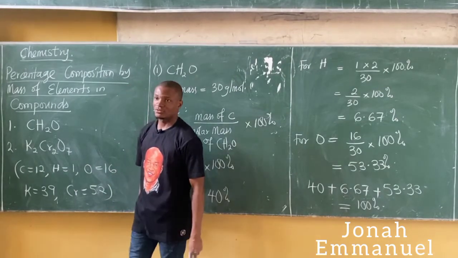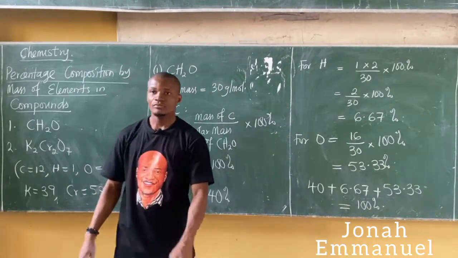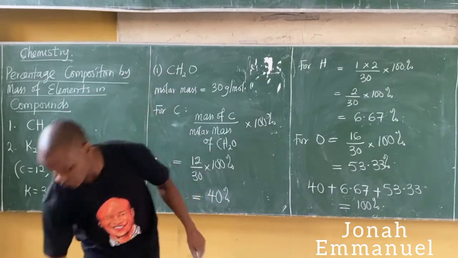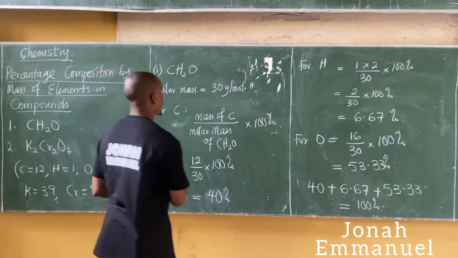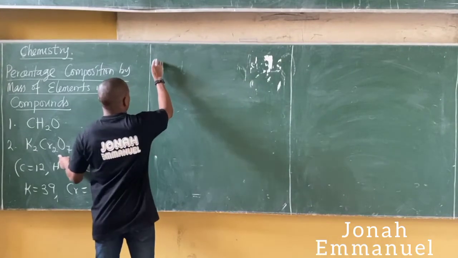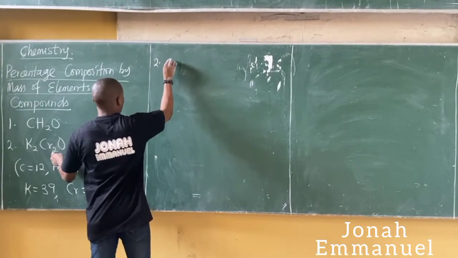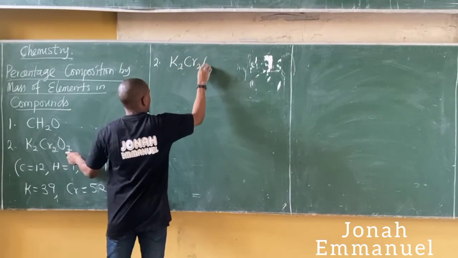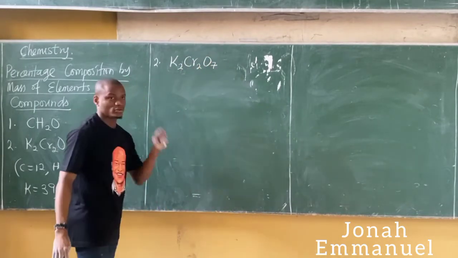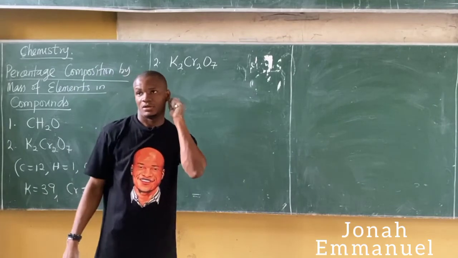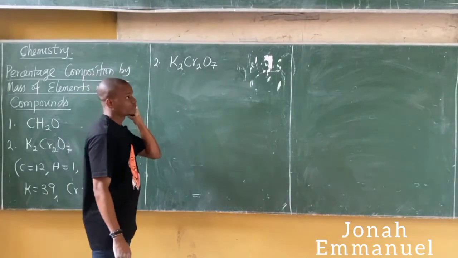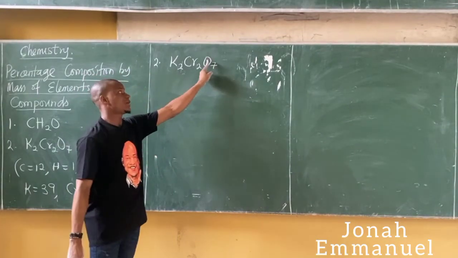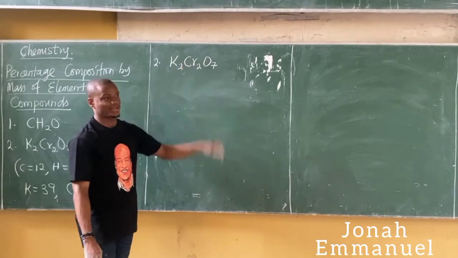Number 2 please. Find the percentage composition by mass of chromium in this compound. So I said I will teach you how to name them in the next class or so, right? Potassium dichromate(VI), that's the compound.